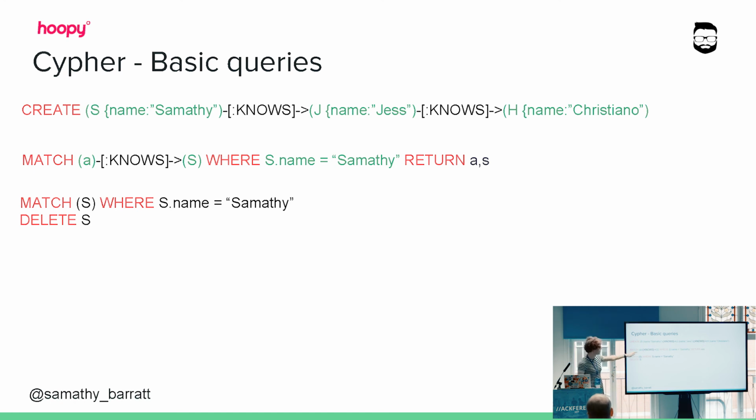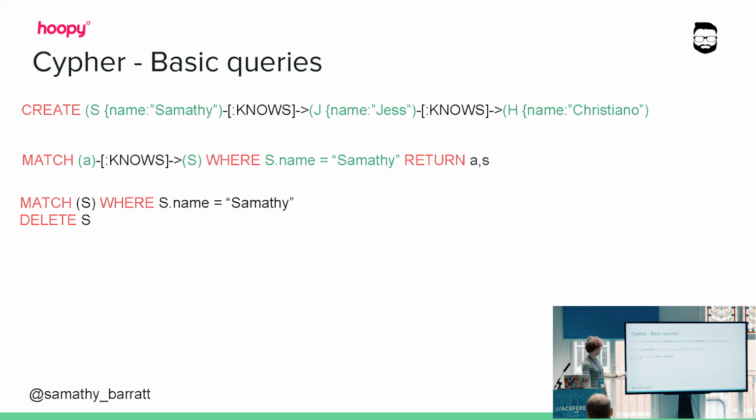So this query will match two nodes where the name property of the S variable is Samathy. So the return from that will be any nodes, including myself, that have a relationship to the node for me.